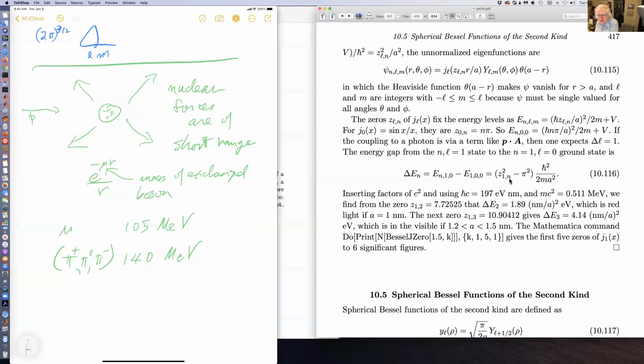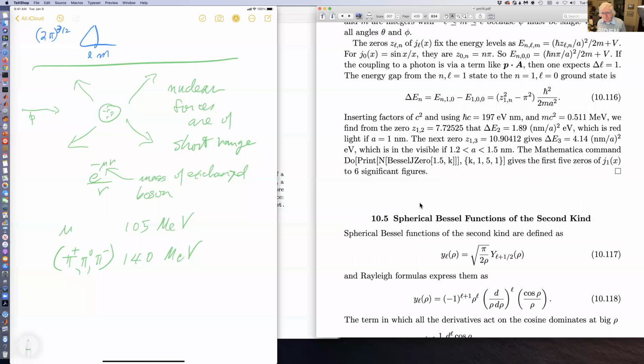Anyway, if one puts in the numbers correctly, what one finds is that these should fluoresce at red light if a is 1 nanometer, and if a is between 1.2 and 1.5, then another zero comes into play.